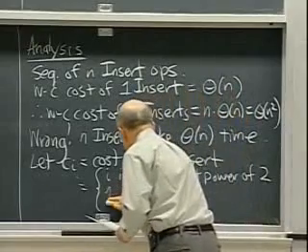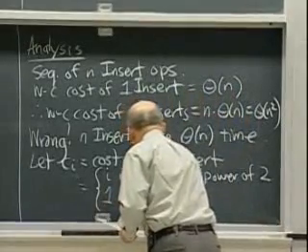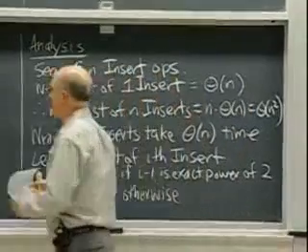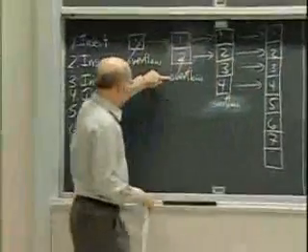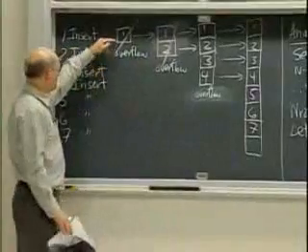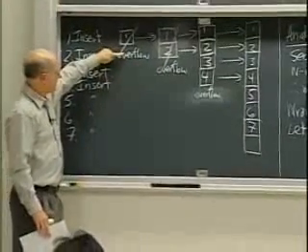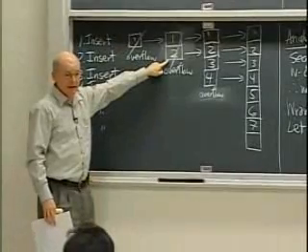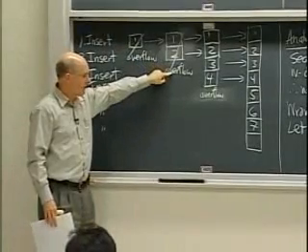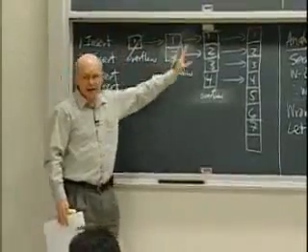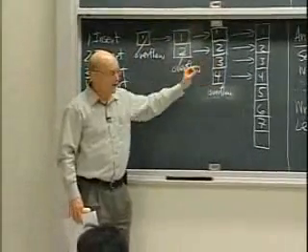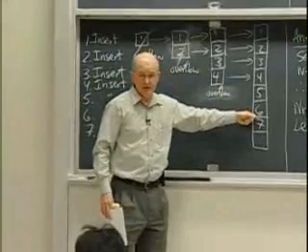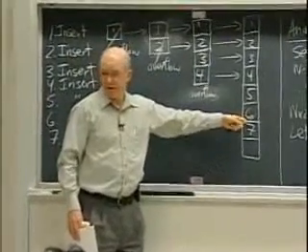And it's 1 otherwise. Okay, so as I was going through here, it was only when I inserted something where the previous one had been the exact power of 2, because that was my table size, that's when I got the overflow and had to do all that copying. And otherwise, the cost, for example, for inserting 6 was just 1. I just inserted it. Okay?